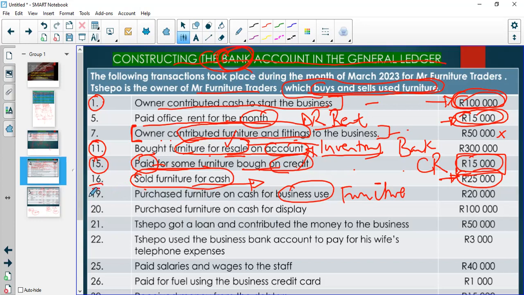Then on the 19th, we bought furniture on cash for business use. Because this is for business use, not for resale, it's called furniture. It's an asset that we want to use, not for resale. And because we purchased furniture on cash, that's what we care about when constructing the bank account.